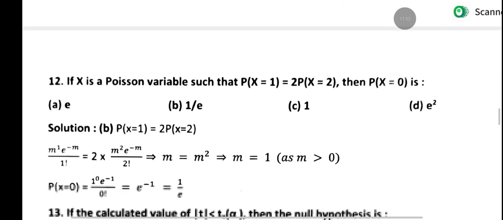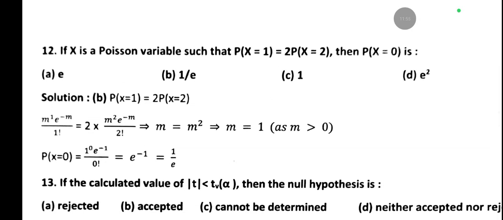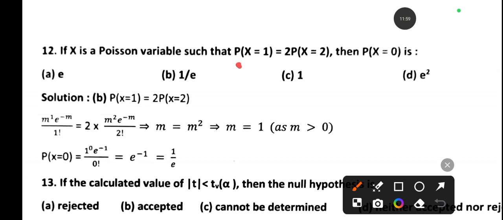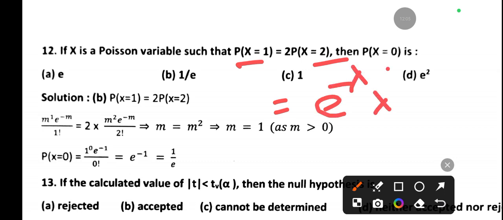Clear, check. Then in the 12th one, Poisson distribution, probability, an easier one. X is a Poisson variable, and P of x equal to 1 is 2 into P of x equal to 2. We know the Poisson distribution formula: e power minus lambda, lambda power x by x factorial. That's what they are writing here.